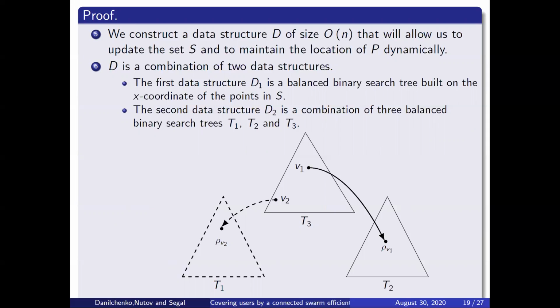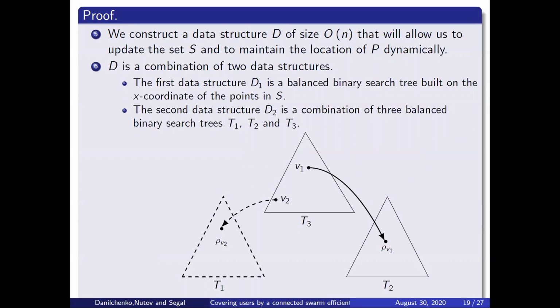We denote these data structures by D1 and D2 respectively. The first data structure, D1, is a balanced binary search tree built on the x-coordinate of the points in set S. The second data structure, D2, is a combination of three balanced binary search trees, T1, T2, and T3.